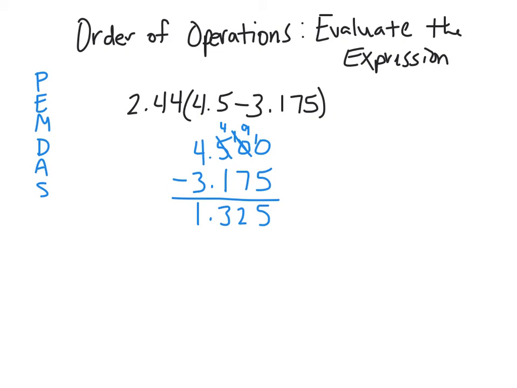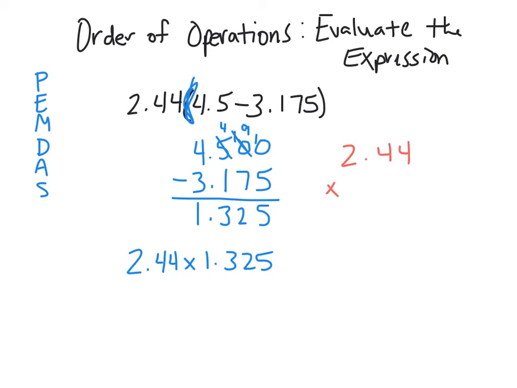I'm not finished because what I just evaluated was my part in parentheses. So I have to start at the beginning and add in my 2 and 44 hundredths. And because it was next to my parenthesis here, like this, we know a number next to a parenthesis is multiplication. So we multiply it by 1 and 325 thousandths. So I'm going to set mine up over here and do 2 and 44 hundredths times.